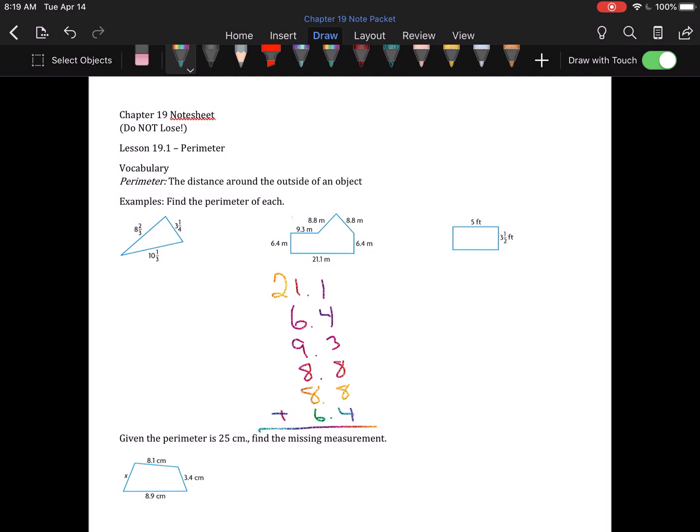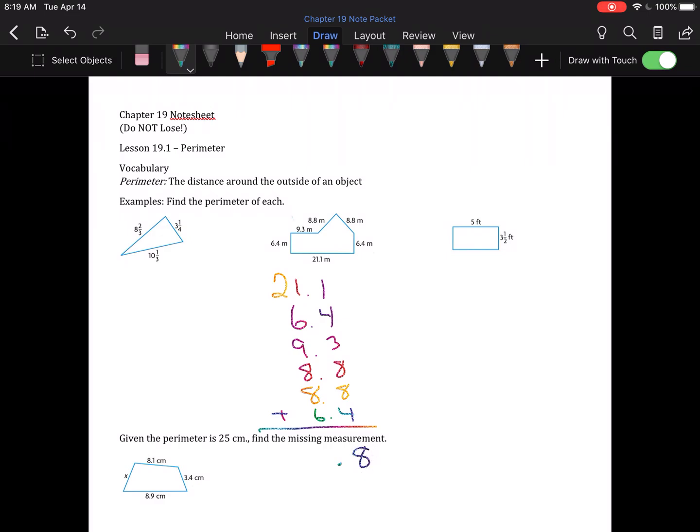This is just straight up addition, guys. Drop the decimal point. It stays where it is. And now add. 1 plus 4 is 5, plus 3 is 8, plus 8 is 16, plus 8 is 24, plus 4 is 28.